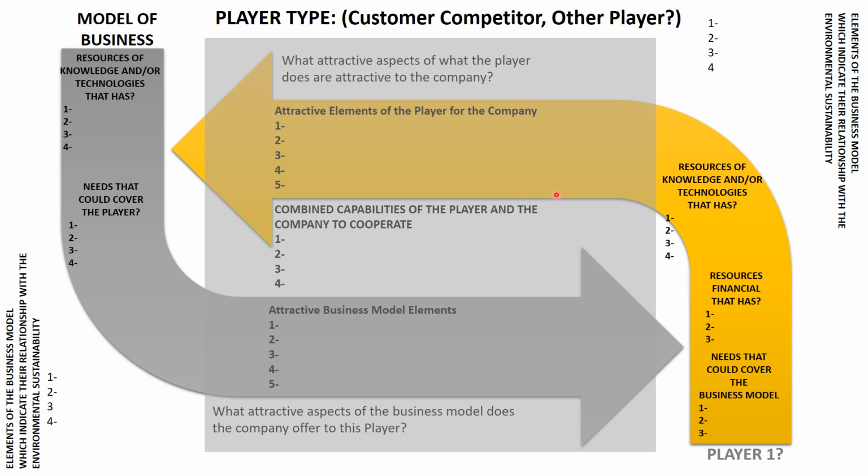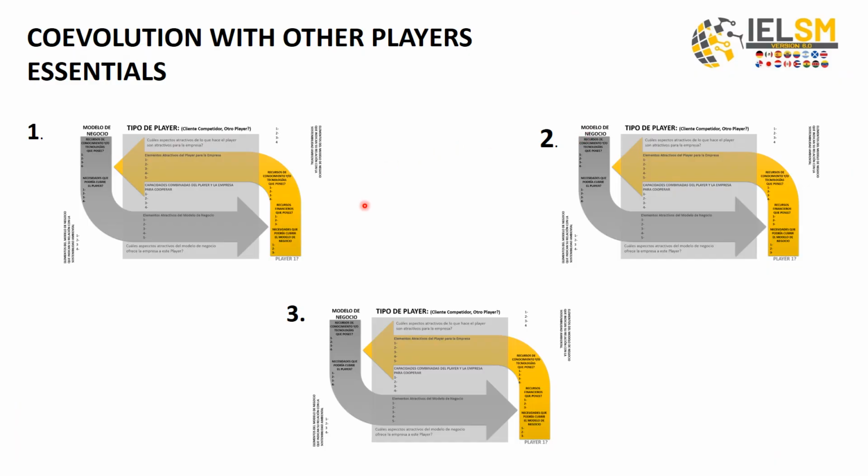With this information, the entrepreneurs and the international experts and catalyst students can evaluate their probable coevolution or cooperation weight for the business model. For the sessions, we need only one player, the most relevant player.